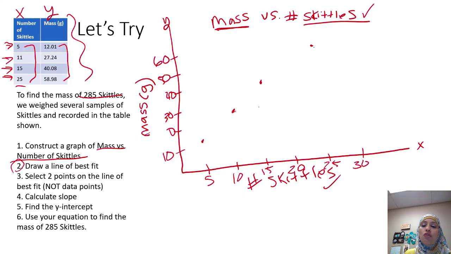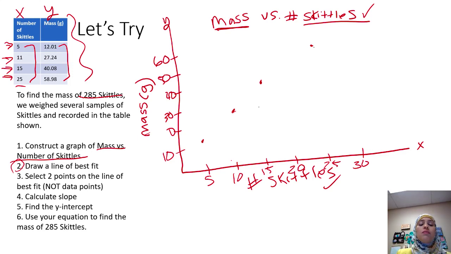Of course, a programmable calculator like a graphing one would do a much better job, or Excel would do a much better job. But remember, we're just refreshing on how to do this by hand, okay? So, the line of best fit doesn't necessarily mean that you have to connect all your dots. And I would draw it, guys, so that it intersects, because remember, eventually we have to find the y-intercept.